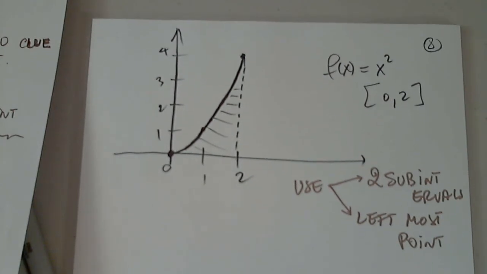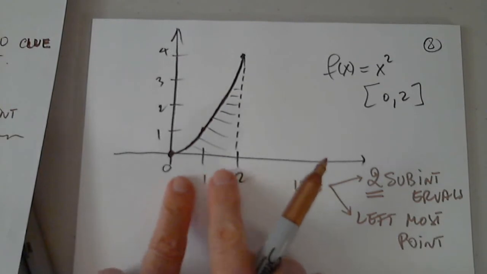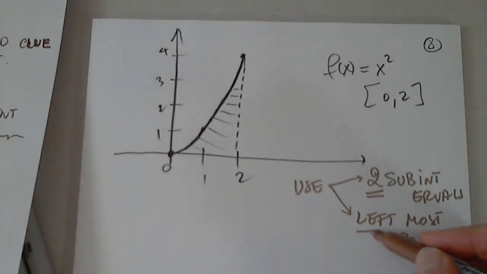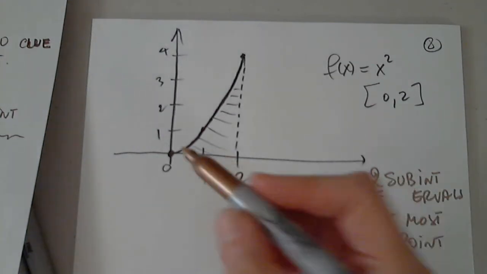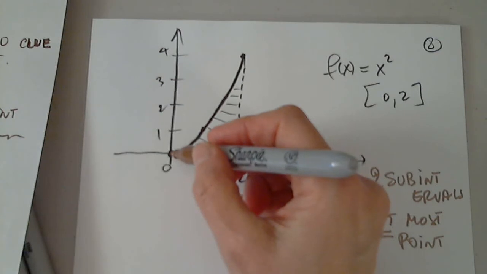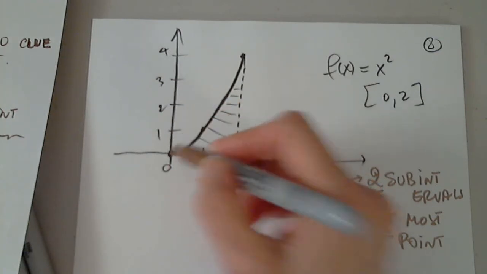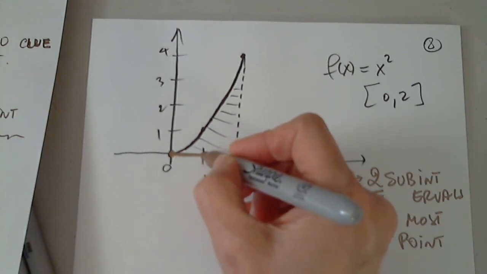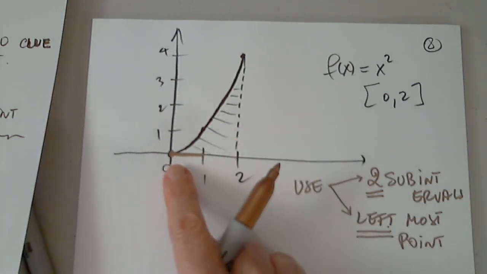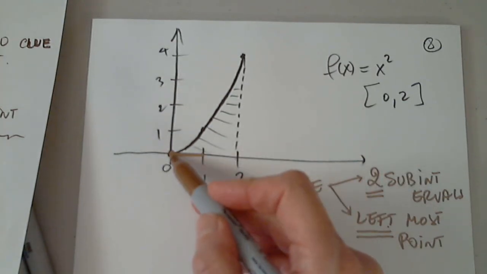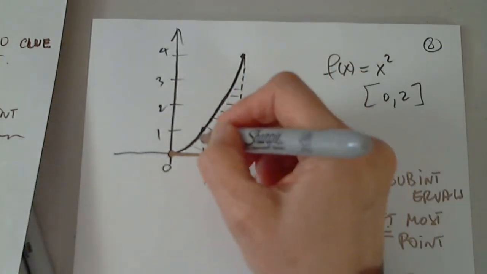Okay, I will divide the interval into 2 equal length base rectangles because we are using the leftmost point. So the first rectangle has the height of the leftmost point, but there is no height. This is 0. So the area of the first rectangle is 0. Base times height, but the height is 0. I move on to the next.